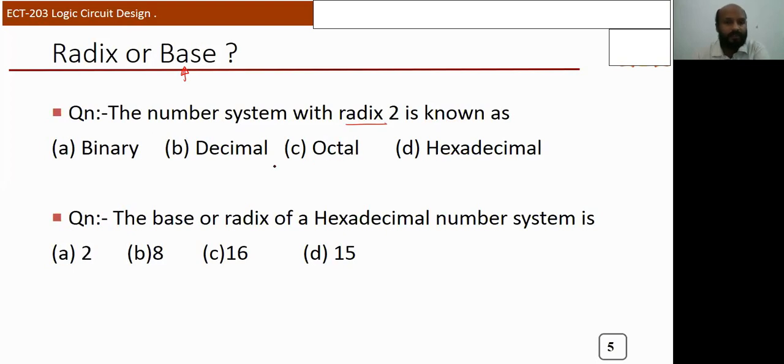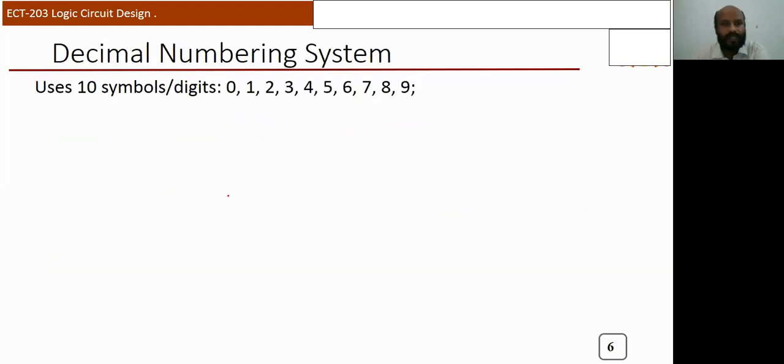We haven't studied anything yet, but we'll just read this question. Second question, the base or radix of the hexadecimal number system is 2, 8, 16 or 15. So we need to know what we mean by radix or base. After explaining the next slide, you can answer all these questions. Okay, so I will move to the next slide.